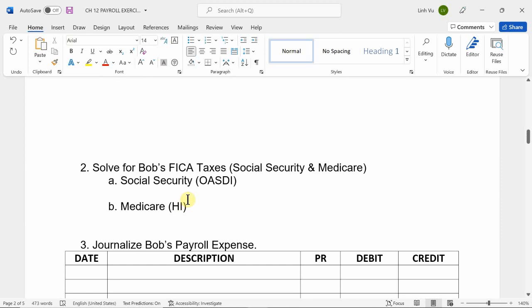So the next thing that we've got to do is figure out Bob's Federal Insurance Contributions Act taxes, so Social Security and Medicare. What was the percentage for Social Security? Can I see it?